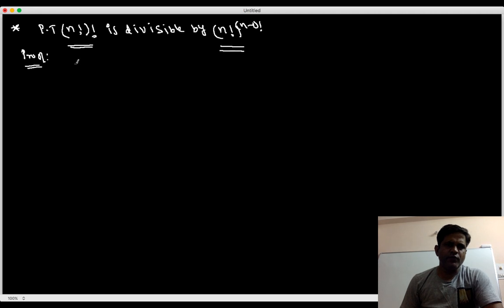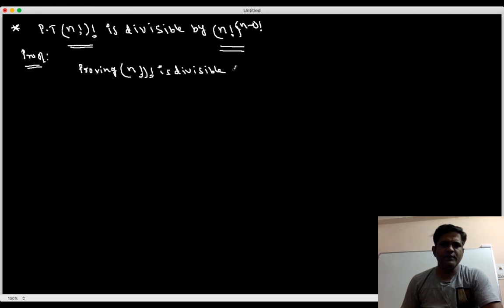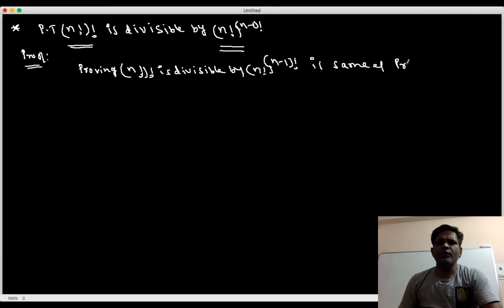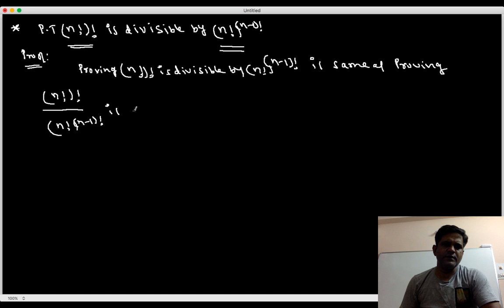For example, proving n factorial is divisible by n factorial power n minus 1 factorial is the same as proving n factorial over n factorial power n minus 1 factorial is an integer.